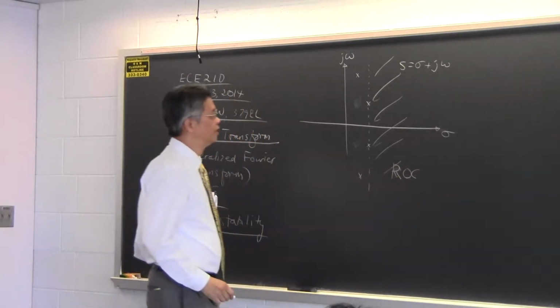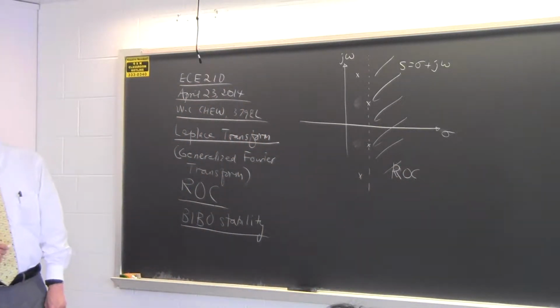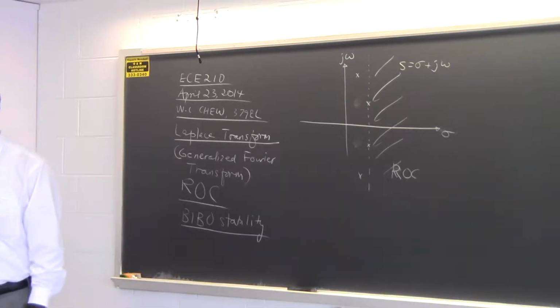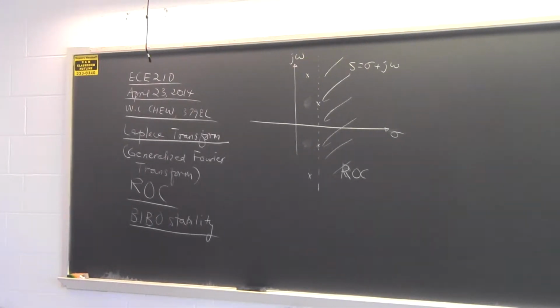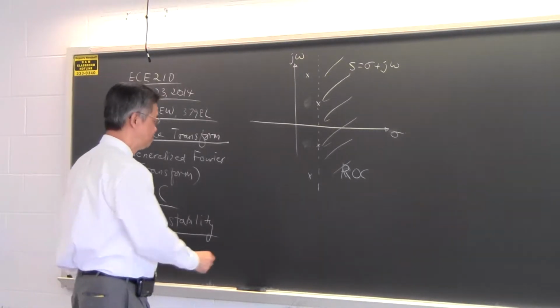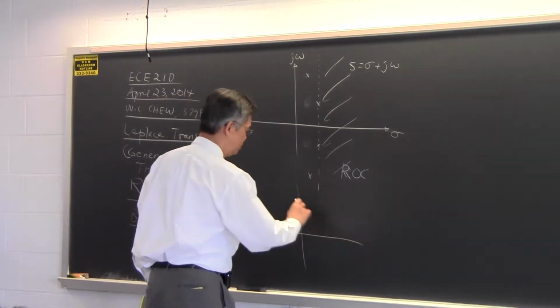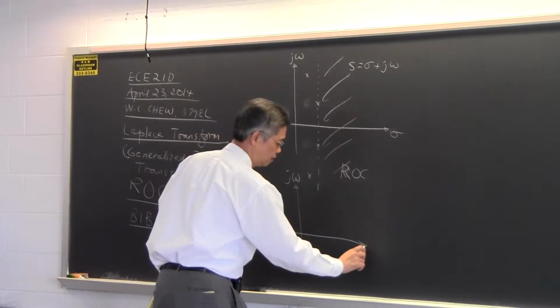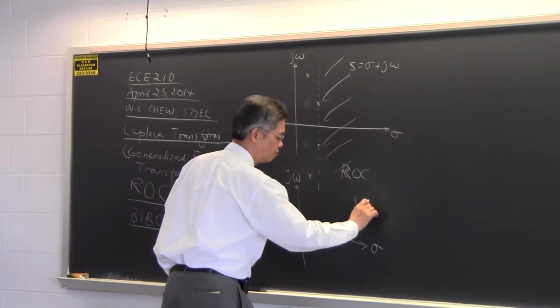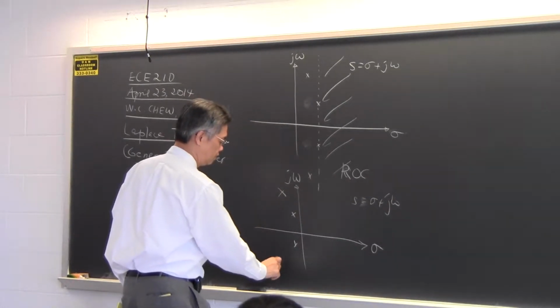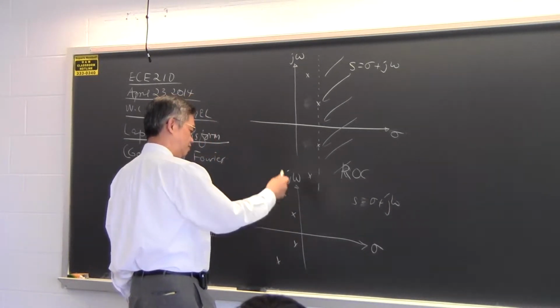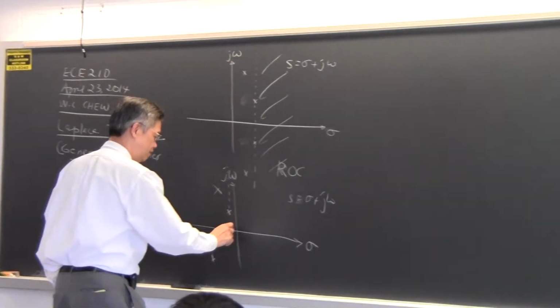The next question, to see if you paid attention in the last lecture: is this system BIBO stable? No, this is not BIBO stable. In order for a system to be BIBO stable, all the poles have to be to the left of the imaginary axis, in the left half plane.